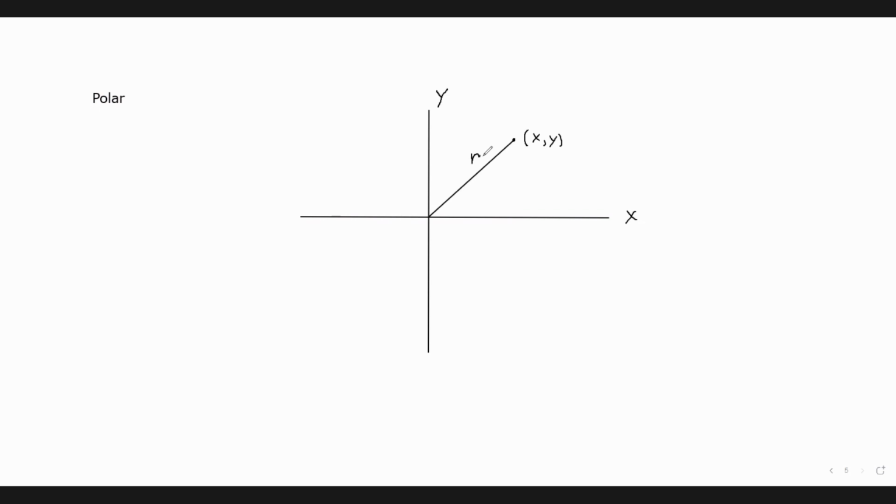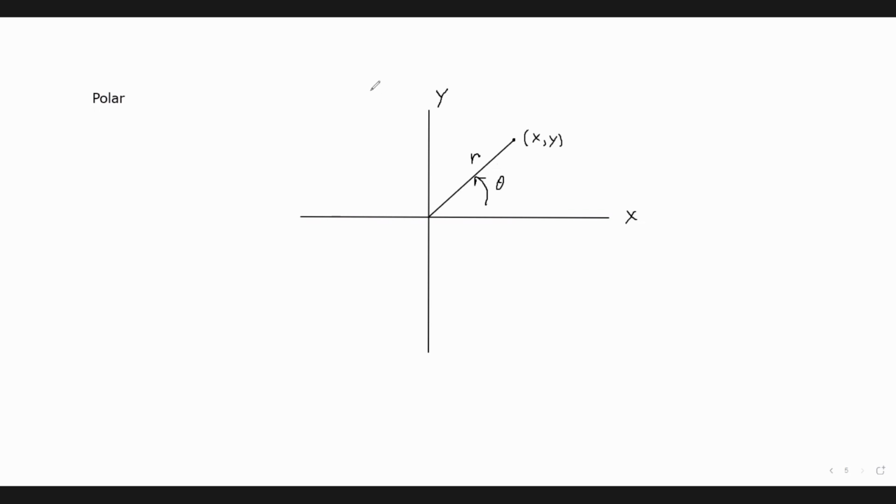So it's just the radius in the xy plane, and I can specify an angle, which is usually given by theta or phi. Let's go ahead and say theta. And that angle is measured by convention from the positive x-axis.